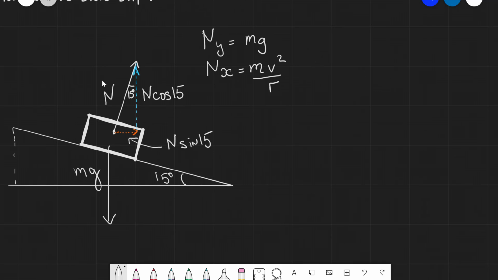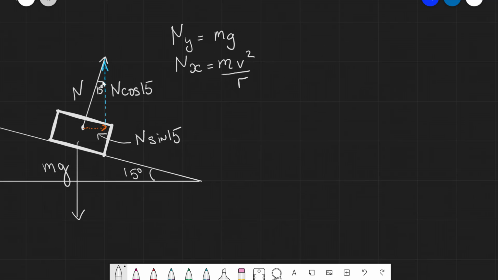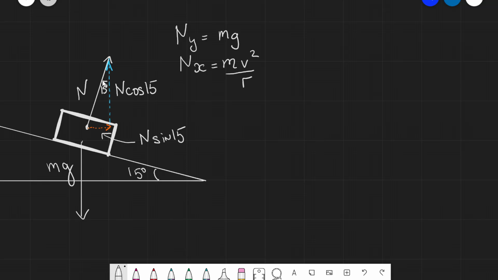So actually what we can do is just simply rewrite our equations here. So rather than ny, I'm going to say that n cosine of 15 is equal to mg, and n sine of 15 is equal to mv squared divided by r.